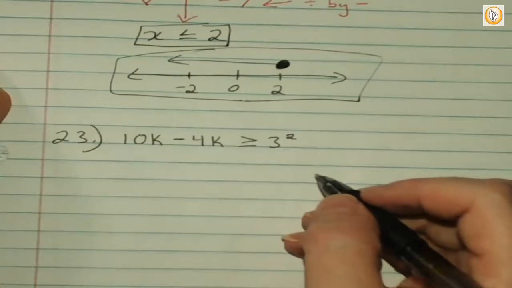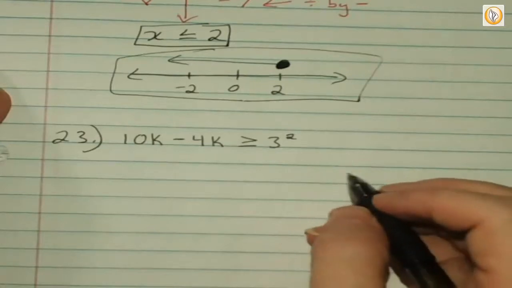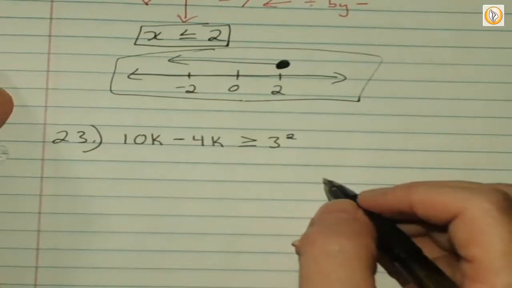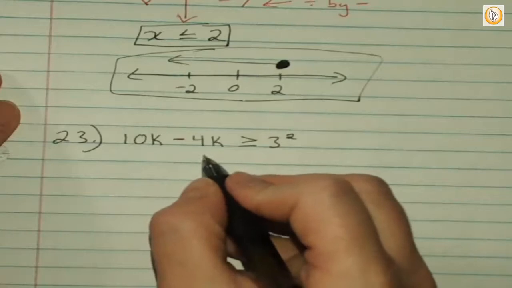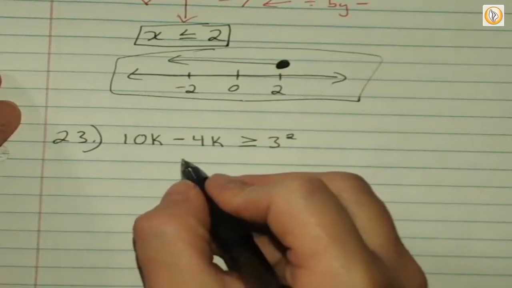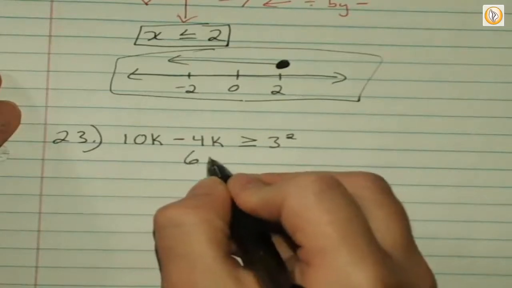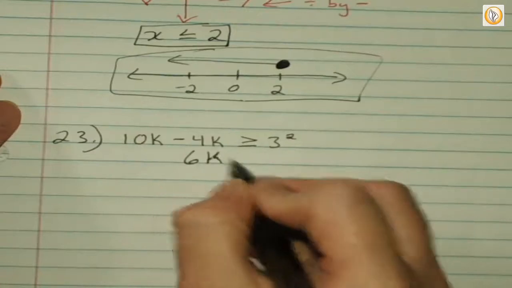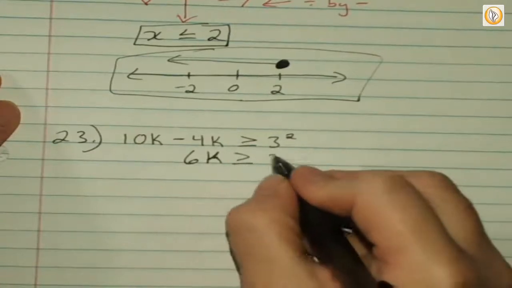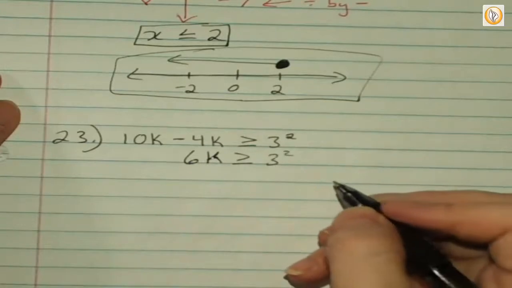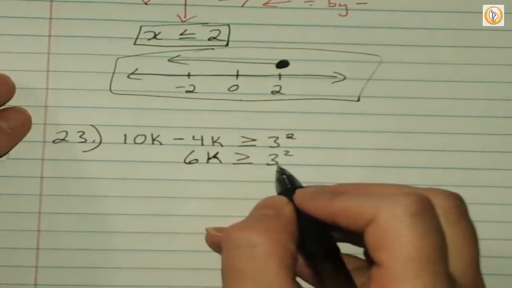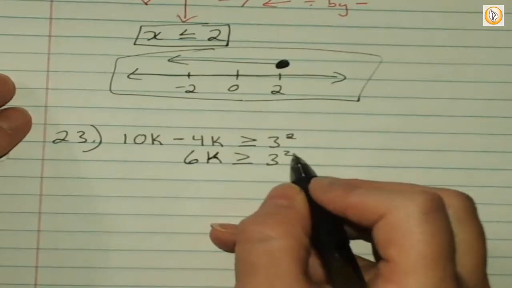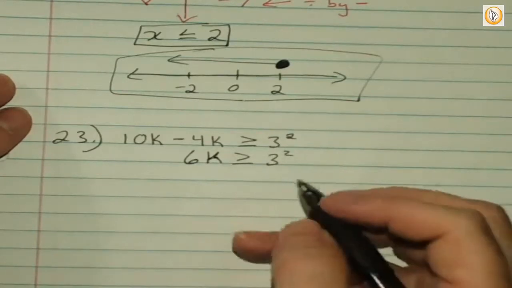Okay. So, go ahead. You can subtract 10k minus the 4k, and then you get 6k is greater than or equal to 3 squared. All right. Then you can change the exponent.